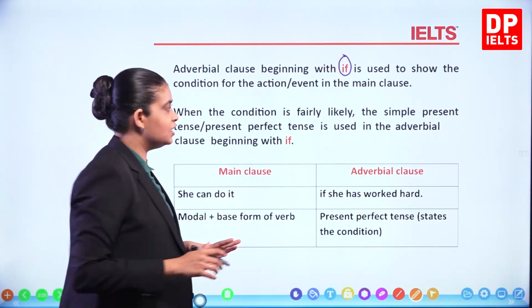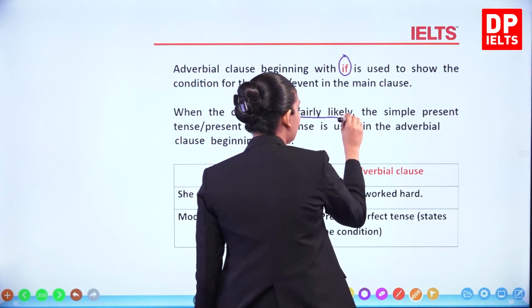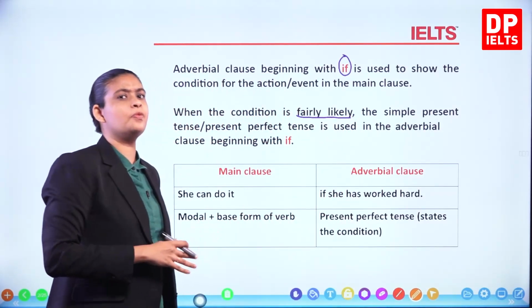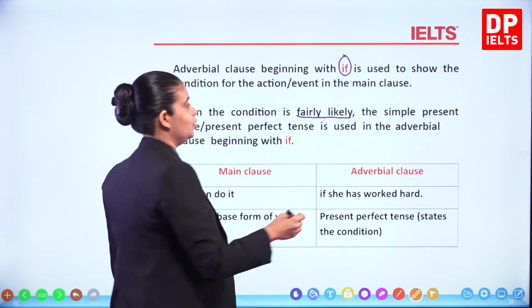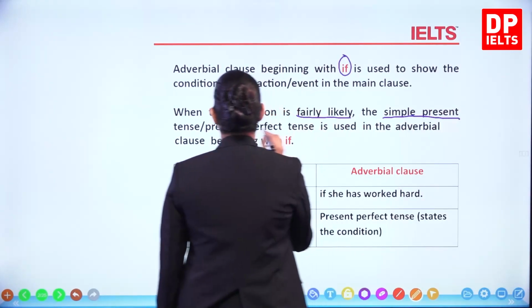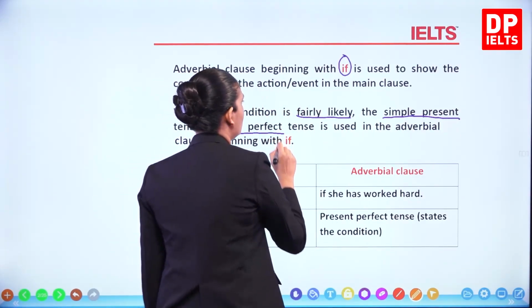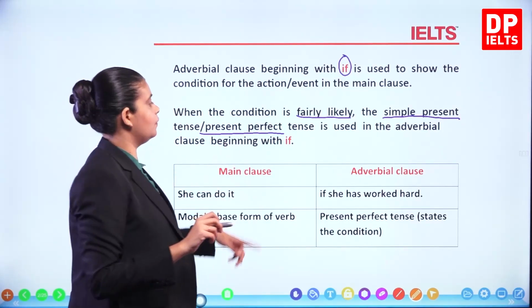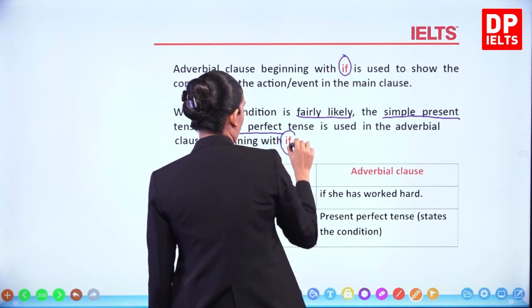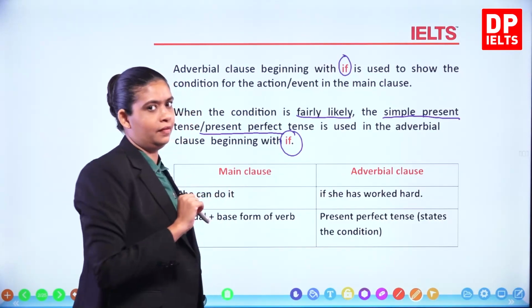When the condition is fairly likely, so if there is a probability of that happening, then we use the simple present tense or the present perfect tense if the adverbial clause is beginning with if.